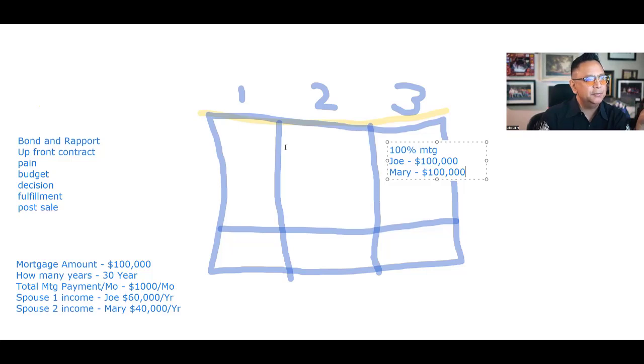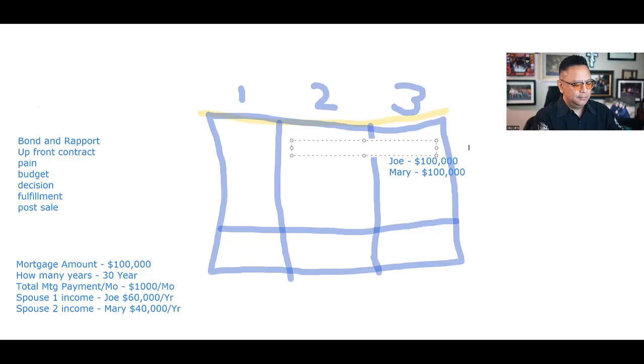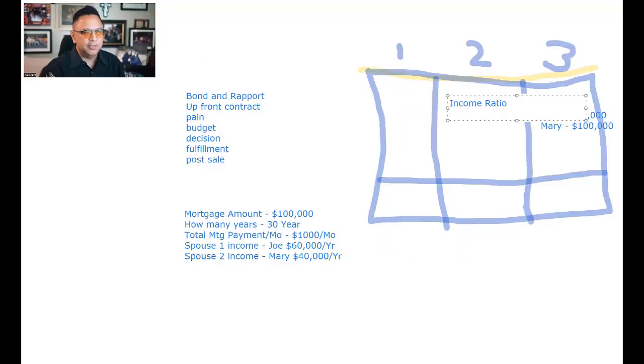Then option 2, I'm going to show what I like to call income ratio. Okay, so what does that mean? Now, the income ratio is the percentage that Joe makes and Mary makes of their respective income to the household income.